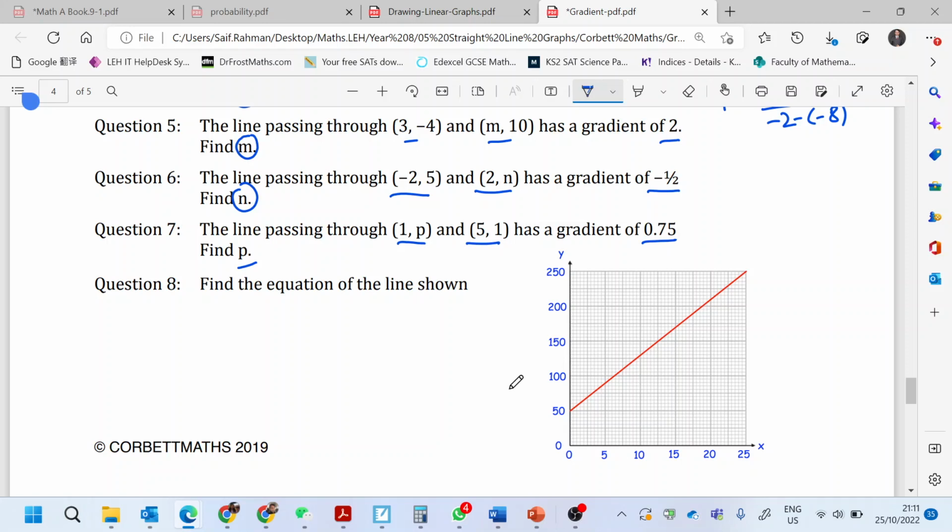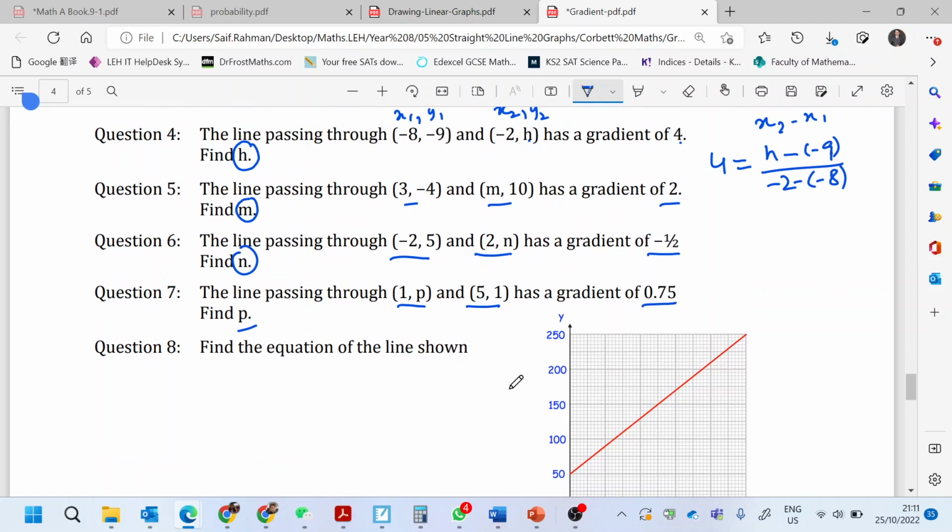If you have been asked to find the equation of a line, the equation of a line is y is equal to mx plus c, right? So c is the y-intercept. Y-intercept means the point at which this line is crossing the y-axis.